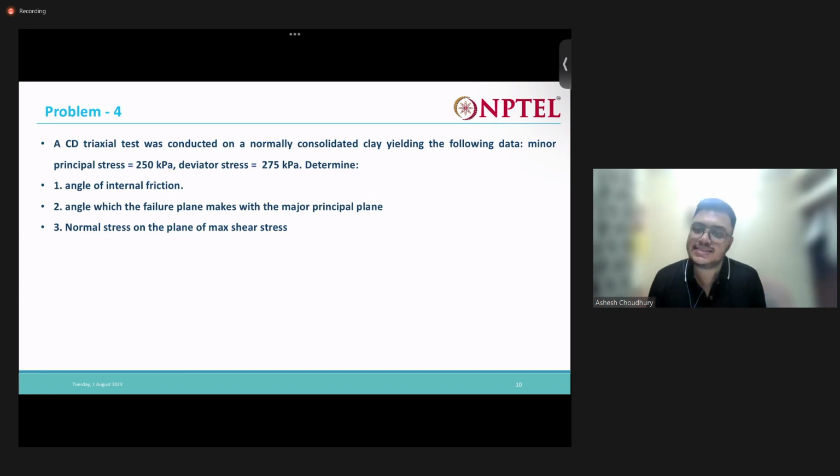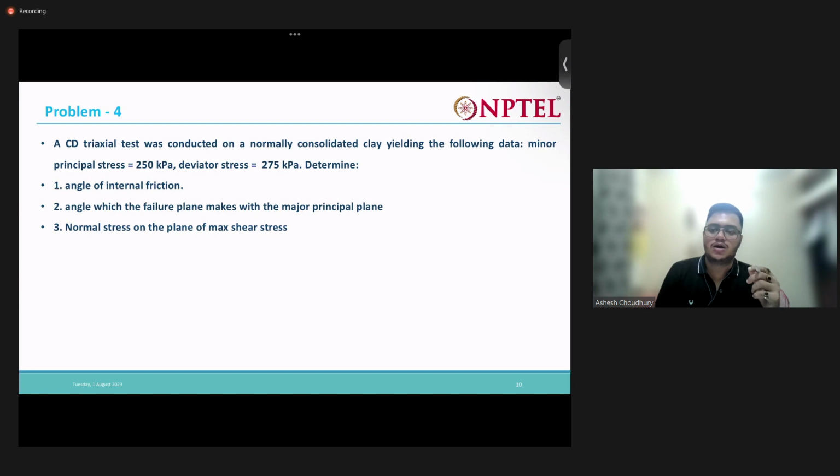So the test is a CD triaxial test. For a CD triaxial test, if you remember, for normally consolidated clays, the C value is 0. We will be needing this fact.